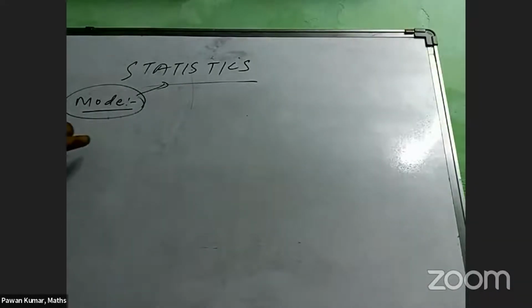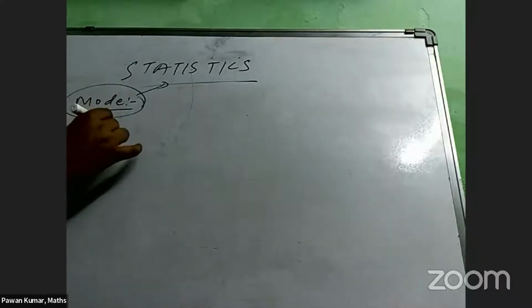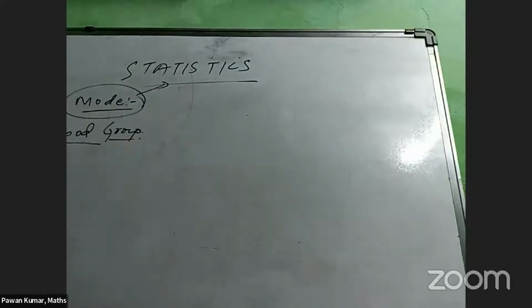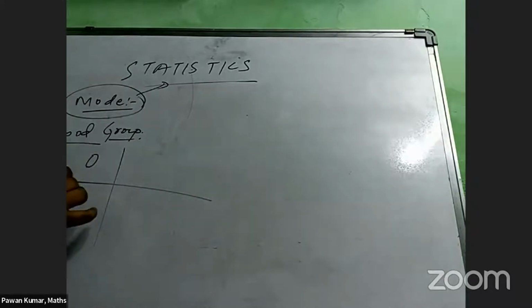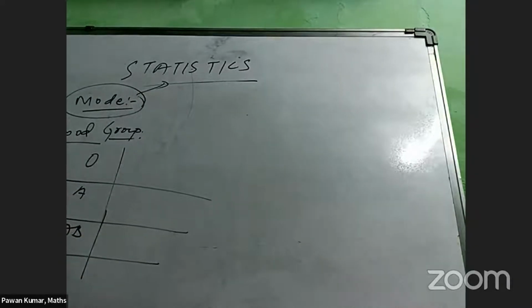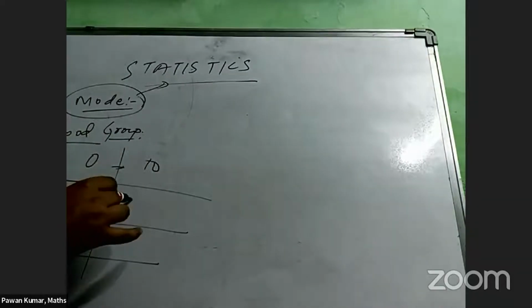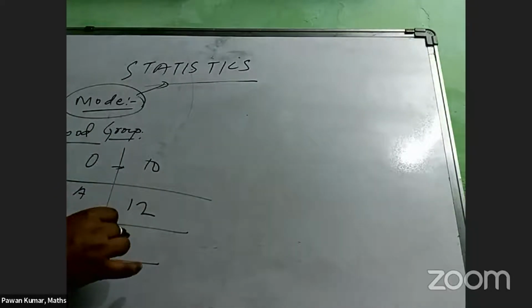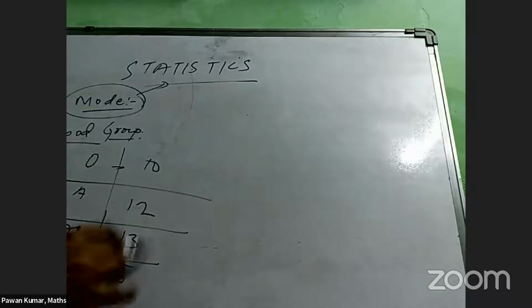Suppose we are taking a blood group sample from the class. Suppose I'm getting O, A, AB, and B. Suppose O I'm getting 10 members, A 12 members, AB 13, and B 15 members.